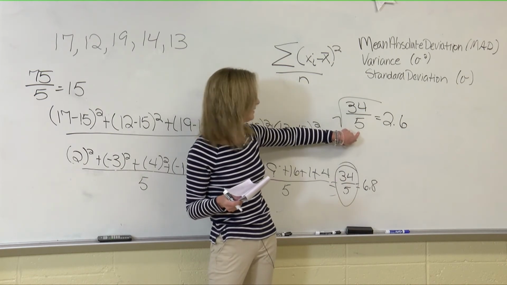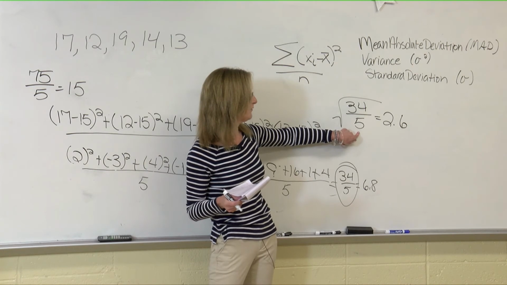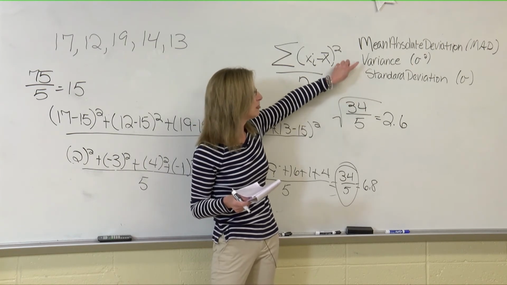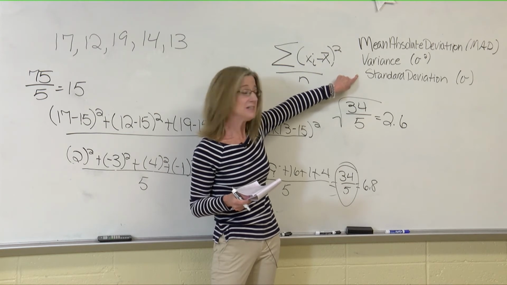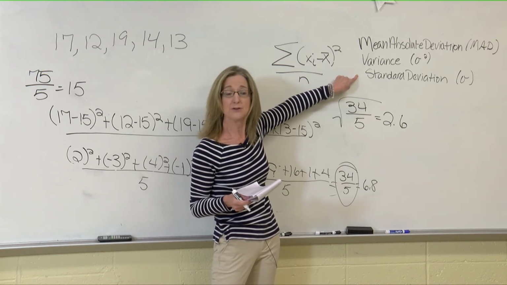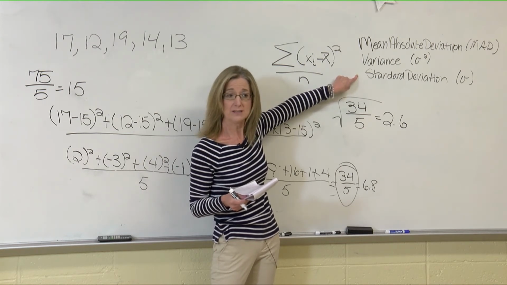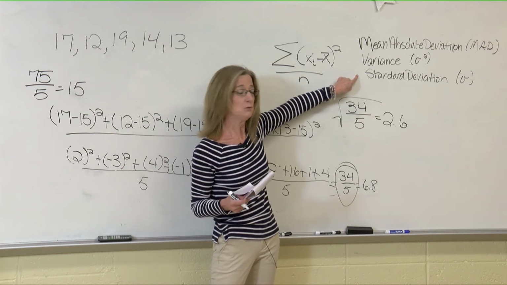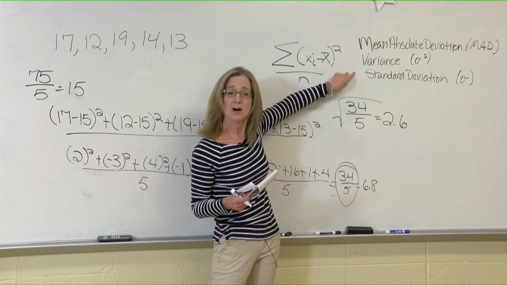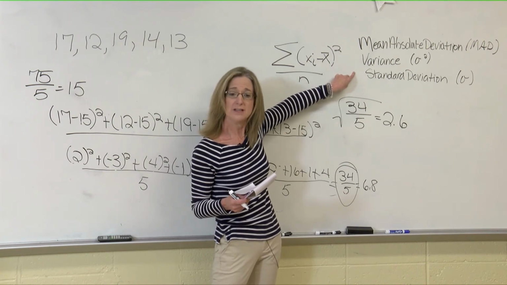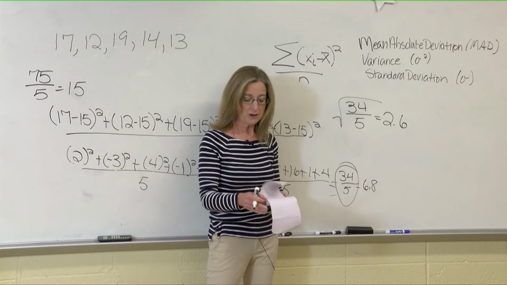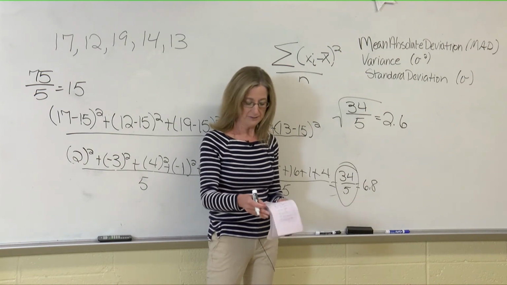But 34 divided by 5, square root of that is 2.6. The standard deviation is just the square root of your variance. Okay? So that's not that hard to compute. Once you find your variance, all you do is take the square root of it, and that gives you your standard deviation.